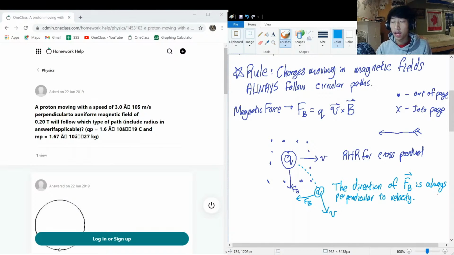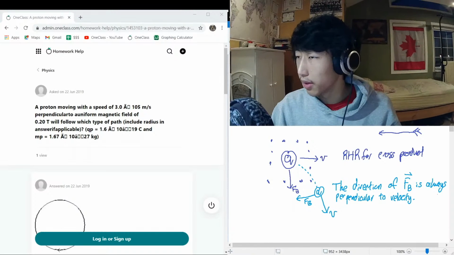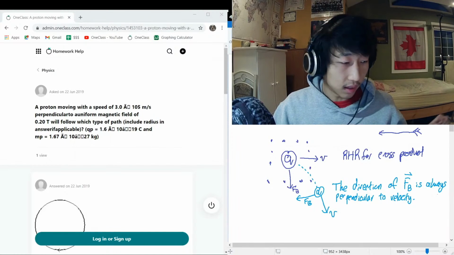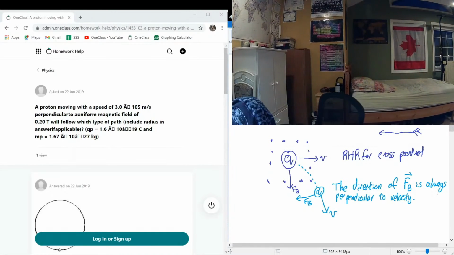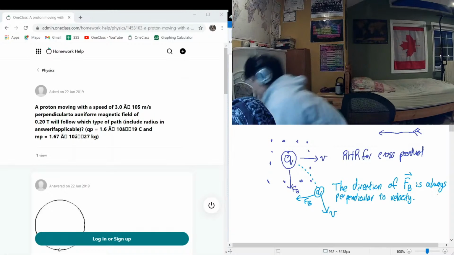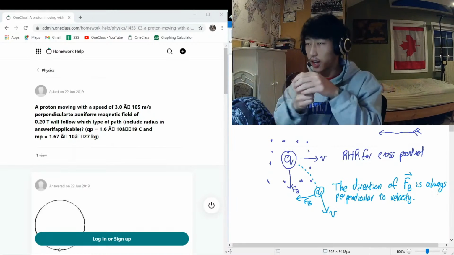Like if you ever had maybe a situation like this, let's see if I can get a wire or something like that. Aha. So this is a patch cord to my guitar. Guitars are really cool.